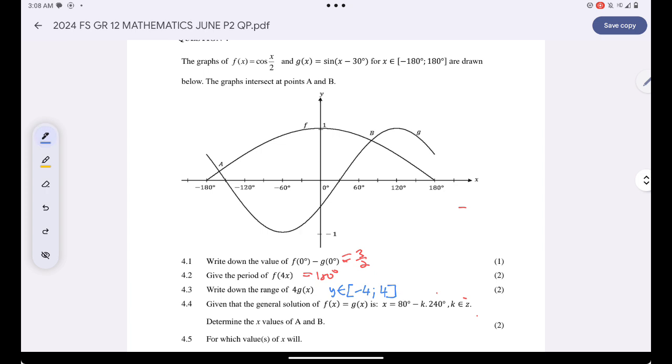If I substitute a 0 whenever I see k, I'll simply get 80 degrees.